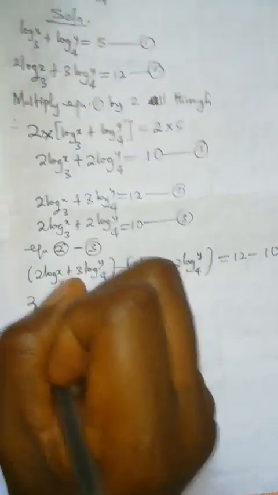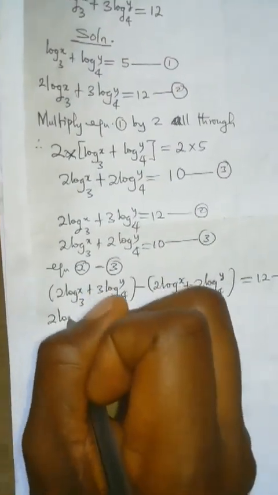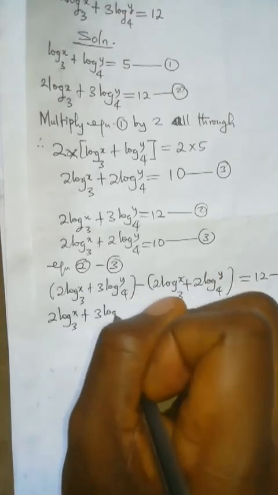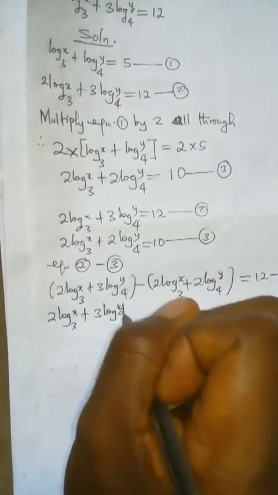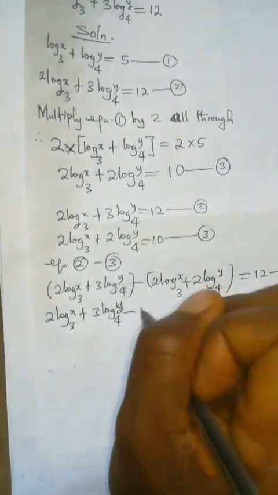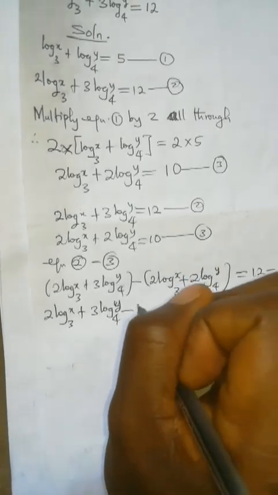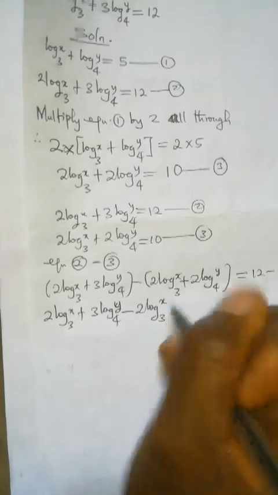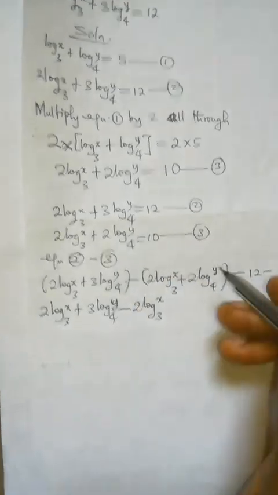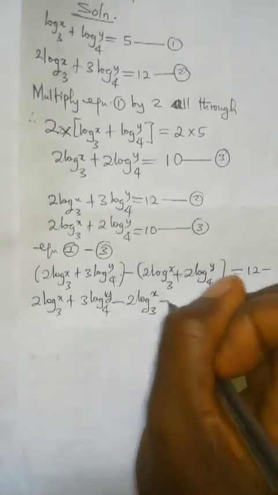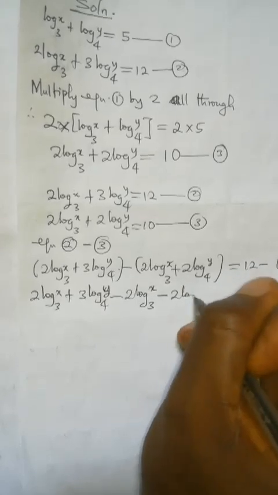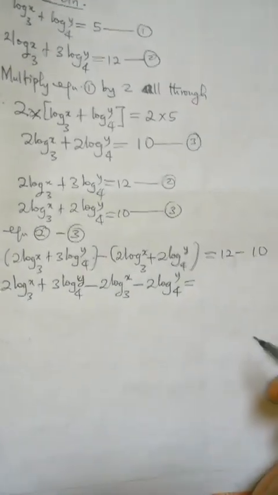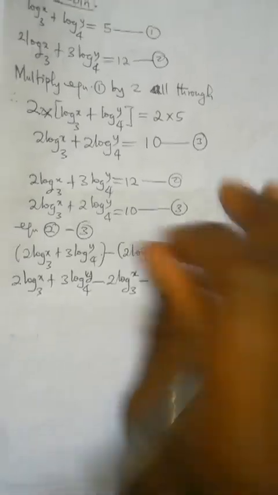So we are going to have 2 log x base 3 plus 3 log y base 4 minus, if you open the bracket, we have minus 2 log x base 3. You see minus times plus, we are going to have minus 2 log y base 4. 12 minus 10, we are going to have 2.